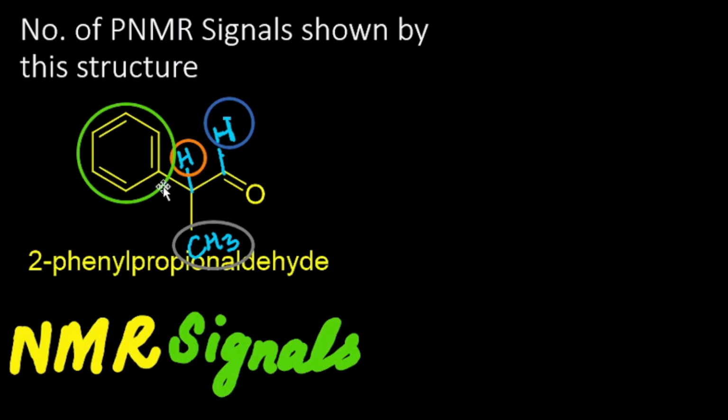Okay, same case here. I have also divided the benzene into different separate signals here. This is the hydrogen of the formaldehyde. This is your aldehyde group, and this is your ketonic group. When hydrocarbons are present on both sides, it is a ketone; when on one side the hydrogen is present, this is your aldehyde group.